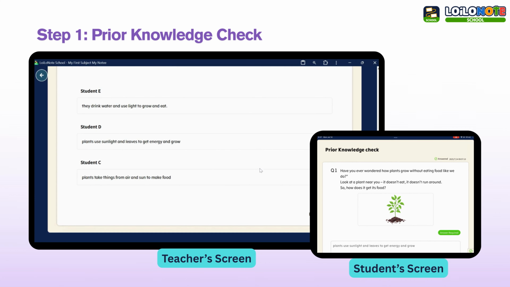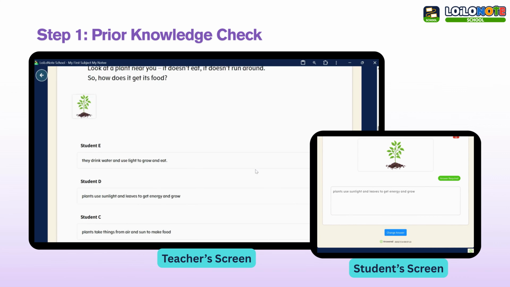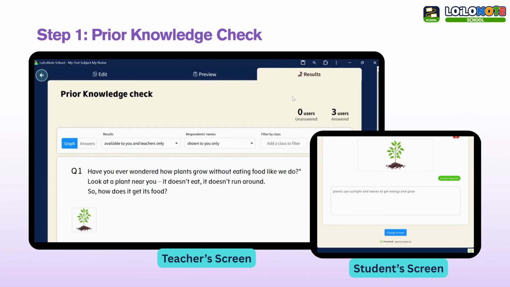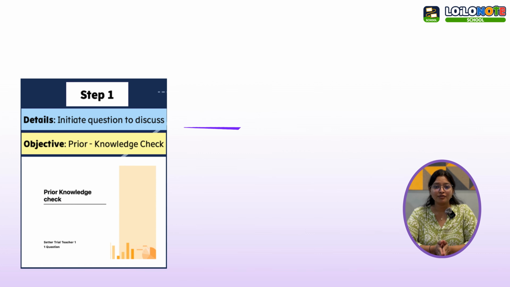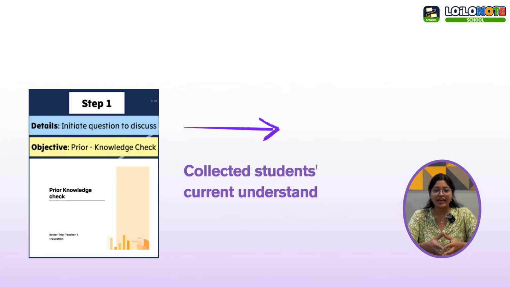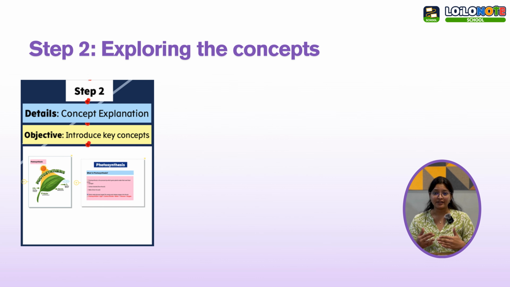You can see as the student C submitted, we got the response of student C on my screen. So we have the status of the classroom with us. We now have what understanding they have regarding this particular topic. Now let's teach according to their understanding.